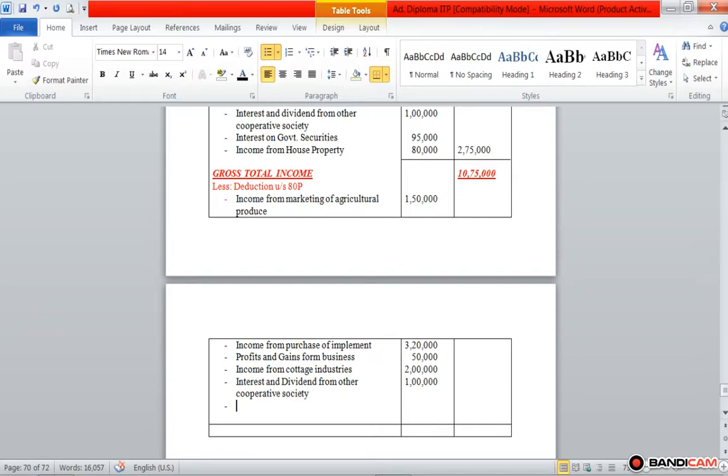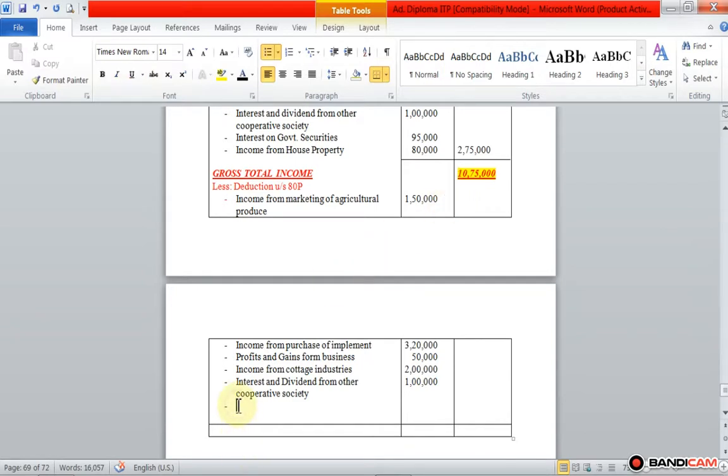Here the gross total income of the cooperative society is 10 lakh 75,000. It means it is more than 20,000, so the deduction in respect of interest on government securities is not allowed, because the gross total income of the cooperative society is more than 20,000.